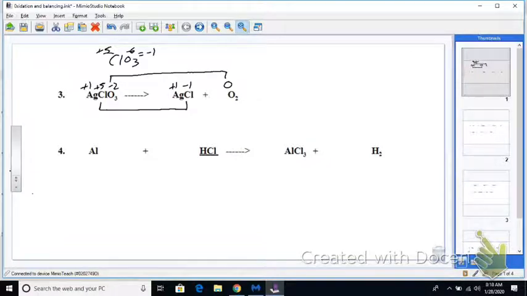Because silver doesn't change its charge. So, what creates a charge in an atom? Electrons and protons. What can leave the atom? Electrons. Okay? So the only thing that can leave the atom is electrons. So that's the only thing that can create a charge difference.